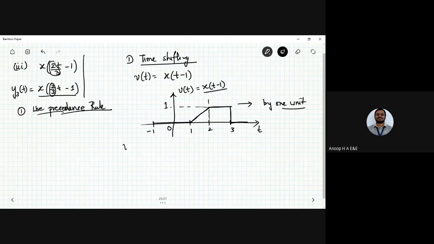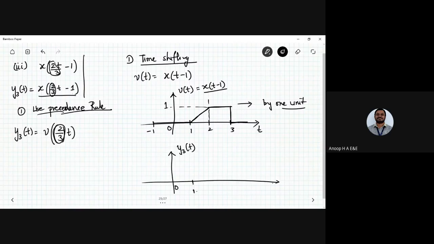Next, y3 of t is equal to v of 2/3 of t. So this is the scalar multiplication here. What do I need to do? I need to divide by whatever the value is on the time axis.